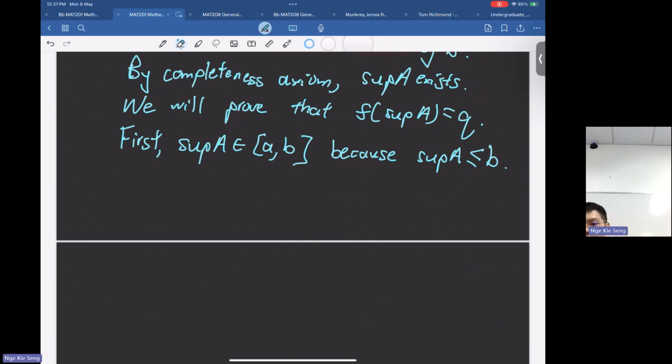So how do we involve continuity here? What do we do? Try and think about how we can prove f(sup A) equals Q.